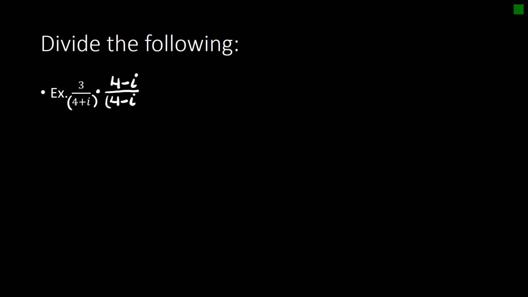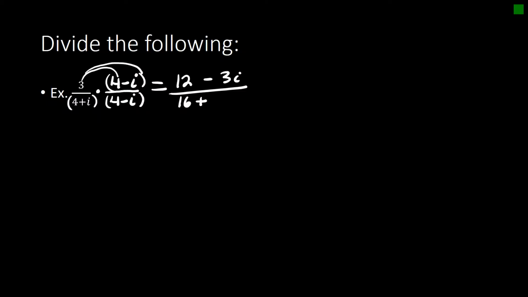So in our numerator, this is going to equate to the distributive property. We have 12 minus 3i. In our denominator, remember we had a plus bi times a minus bi was a squared plus b squared. So 4 squared is 16 plus our b squared.